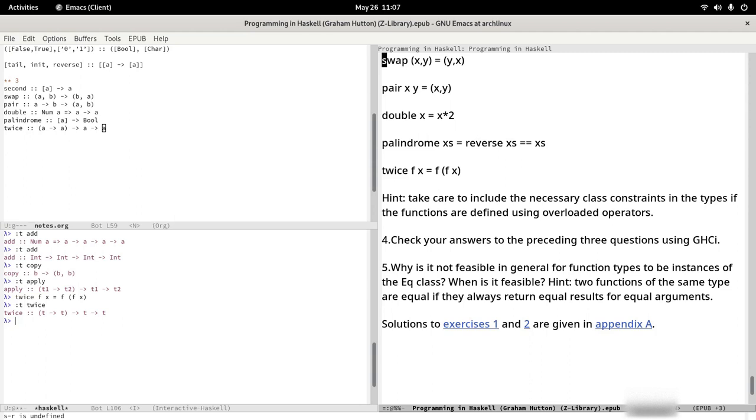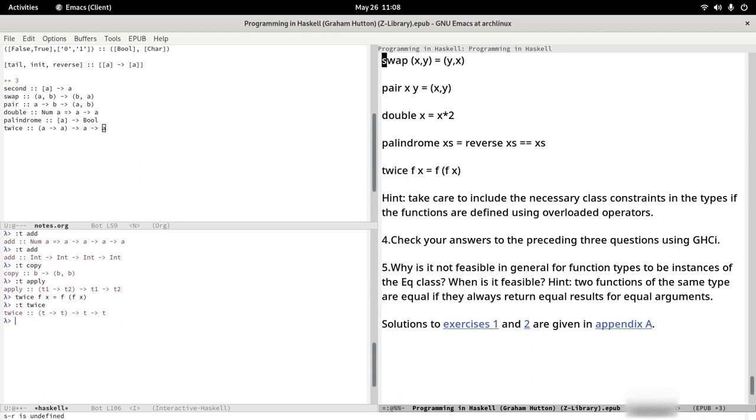Like there's an infinite amount of lists. And even if they're not infinite, like checking all ints for two functions is really hard. You could maybe prove that they're the same, but I don't think such a mechanism exists in Haskell. So that's my answer for exercise 5.